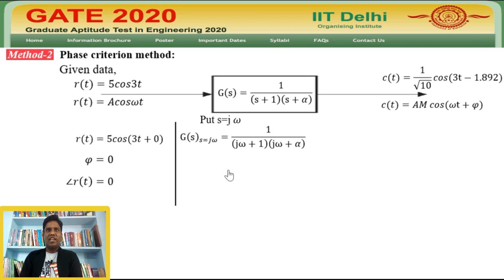The phasor equivalent will get the minus, and it looks like a plus jb. Then the corresponding phasor equivalent will be tan inverse of b by a. Here the a term is 1 and the b term is omega. Finally, the phasor expression for the first term denominator part is minus tan inverse of omega divided by 1.